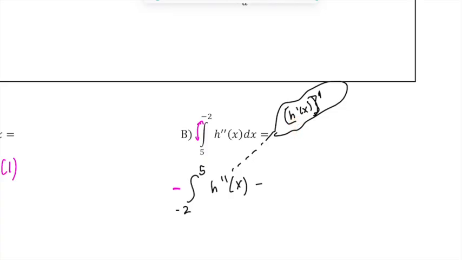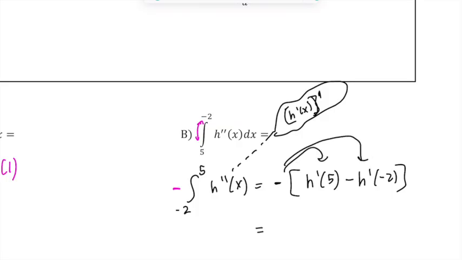So this will be h prime of 5 minus h prime of negative 2. Again, because this is two derivatives, the integral undoes one of them, so I'm just left with one derivative. If I wanted to simplify this, I would distribute the negative, and I would just say this is h prime of negative 2 minus h prime of 5.